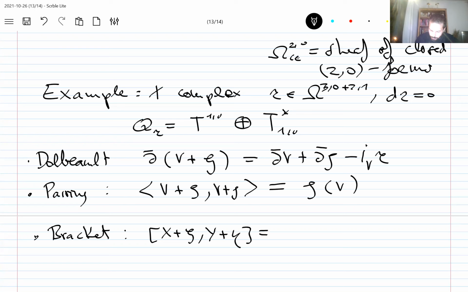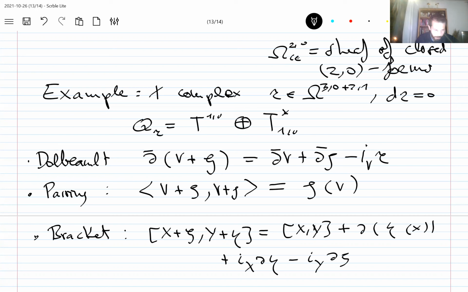So this is the bracket of x, y as 1-0 vector fields plus del of eta of x plus i x del eta minus i y del chi plus i y i x tau 3-0. Okay, I didn't write it here, and I should, because this only uses the 3-0 part of tau.